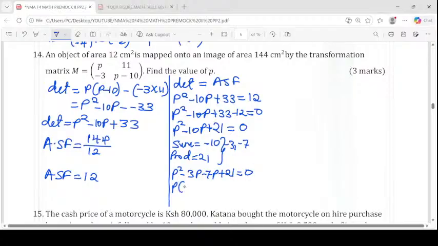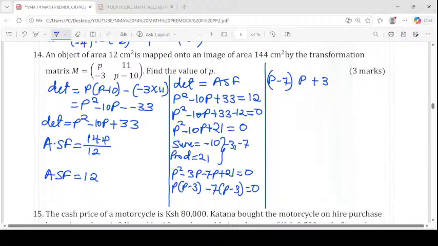So this will be P times (P minus 3) minus 7 times (P minus 3) equals 0. So it is (P minus 7) and (P minus 3) that should give me 0.